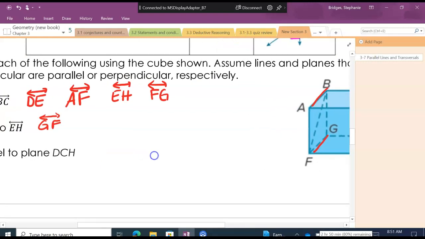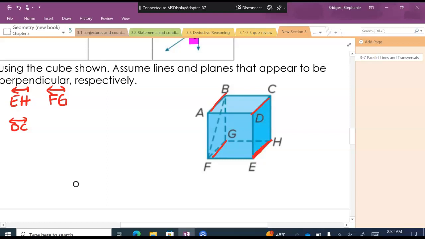DC. AB. And DC or CD, just as long as you have those 2 letters, it doesn't matter the order of them. Make sure you're putting your line symbol above it. This thing is not wanting to work today. Are there any other lines that are parallel in that box? No.